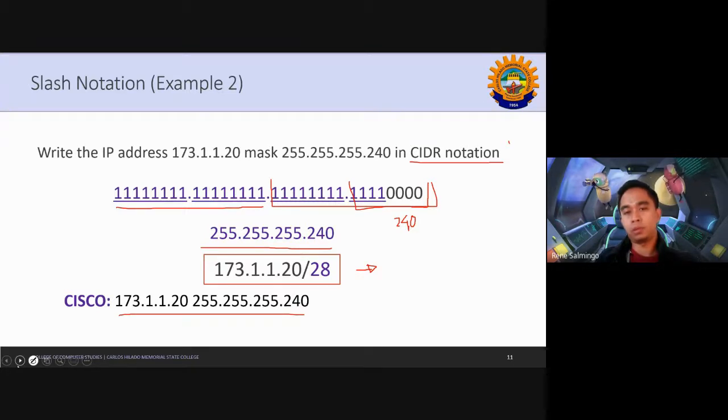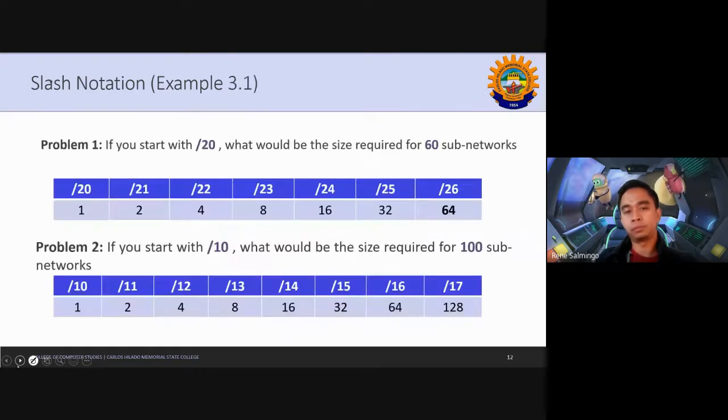So we move forward. So in this example, what is the answer? If you start with /20, what would be the size required for 60 subnetworks?